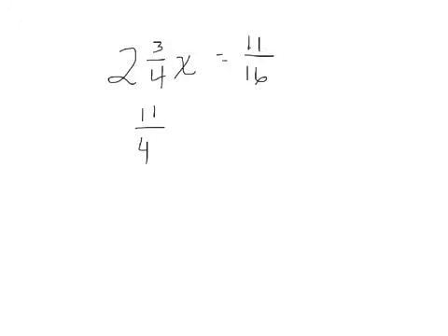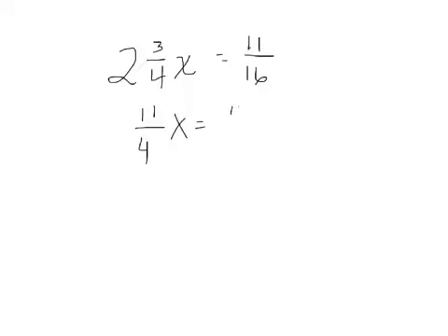When it comes to dealing with multiplication, this can get a little trickier. If I have 2 and 3/4 times x, and I know that will be equivalent to, let me think, let's say 11/16. I'm going to take the 2 and 3/4 and change that to 11/4 x.